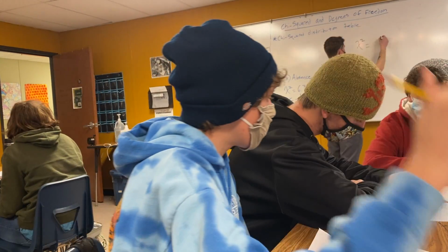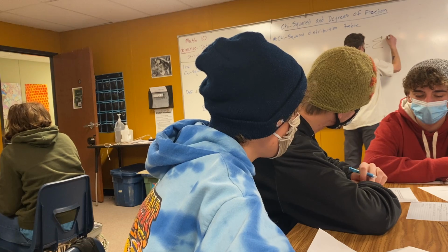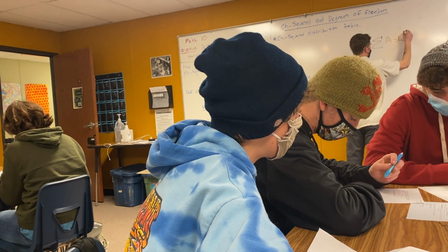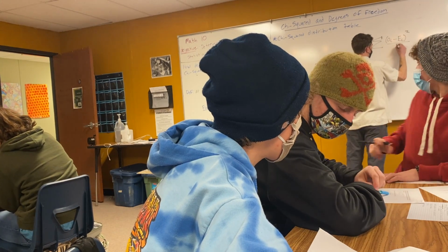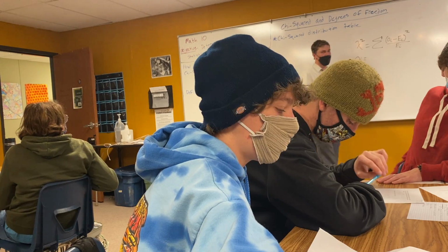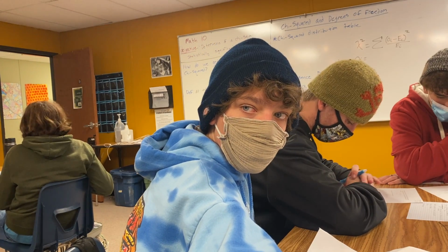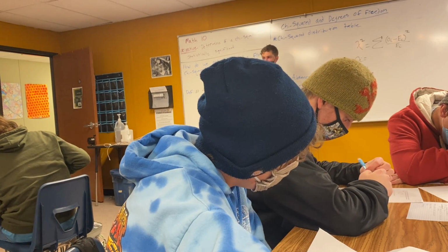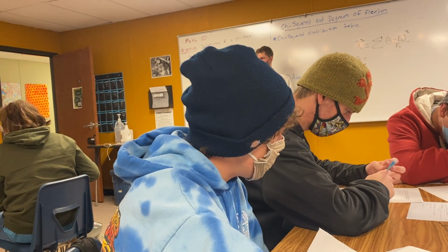We calculate chi-squared like this. We take our observed minus our expected, square it, and then divide by our expected. What is my observed number of good tippers in my sample of high schoolers? 30.